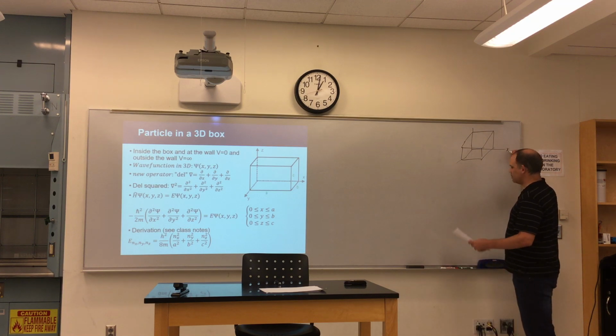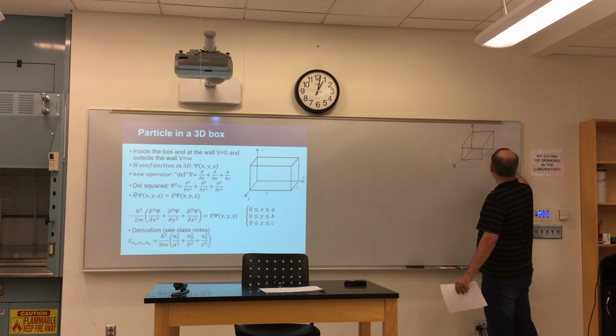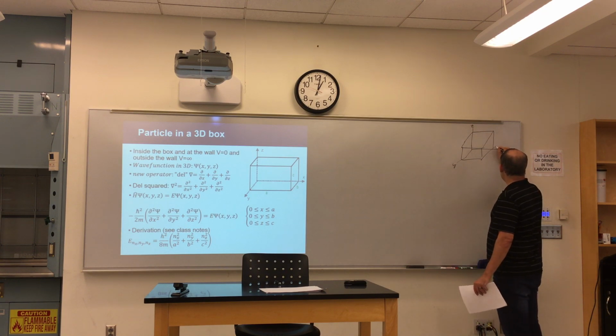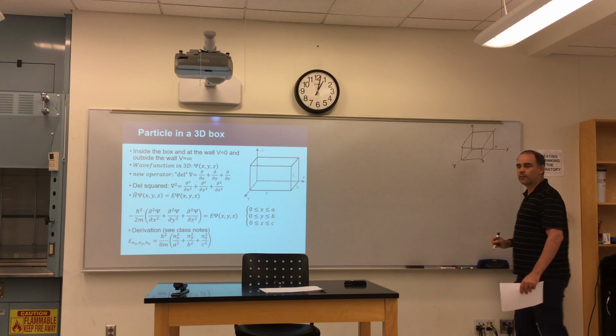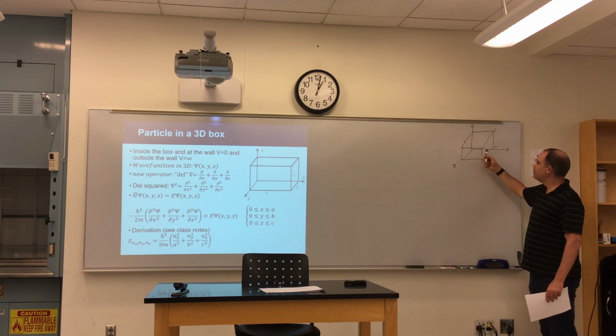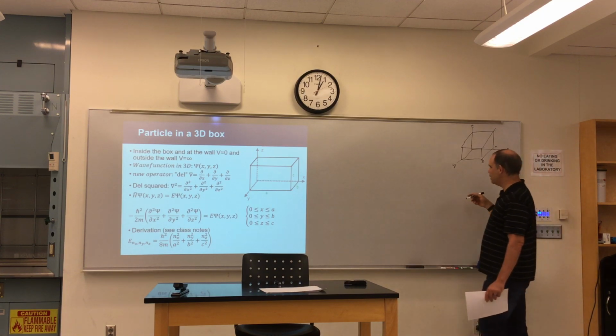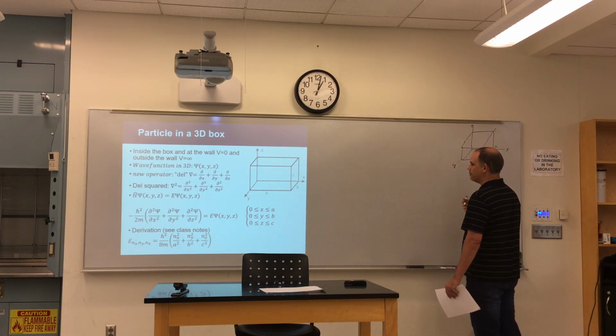This is your X, that's your Y, that's your Z. The furthest value on the X, we're going to call A. The furthest value on the Y, we're going to call B. And then the height is going to be C. So the box goes from 0 to A along the X, 0 to B along the Y, and 0 to C along the Z axis, right? You could call it LX, LY, LZ, but I have A, B, and C.